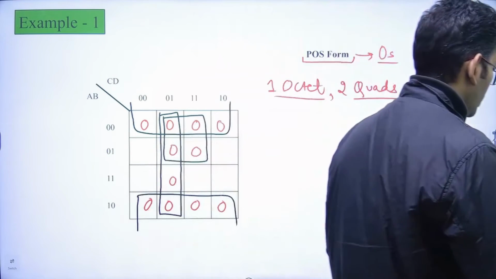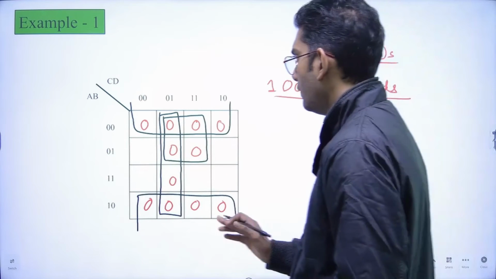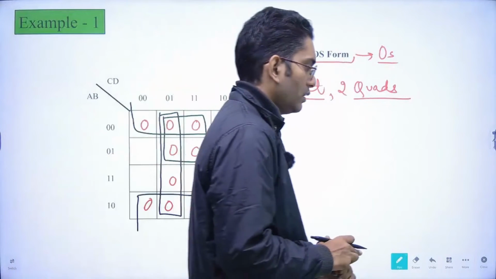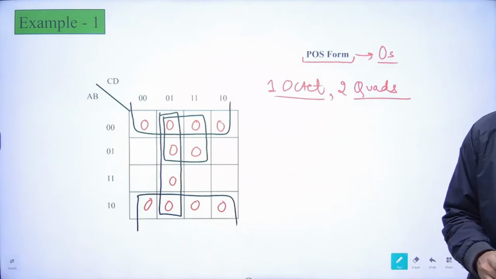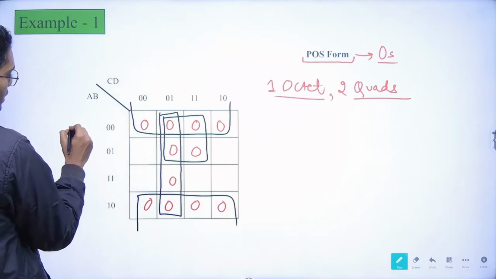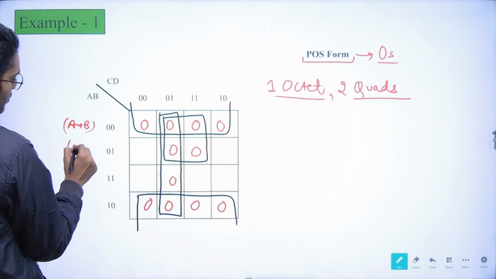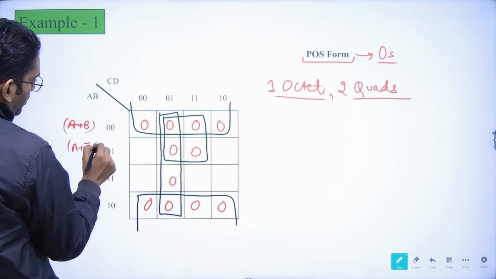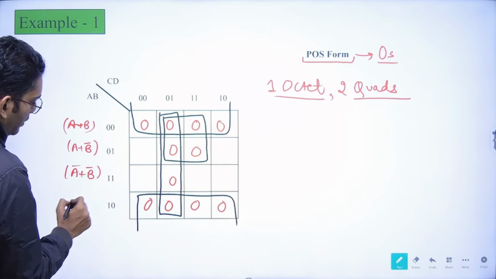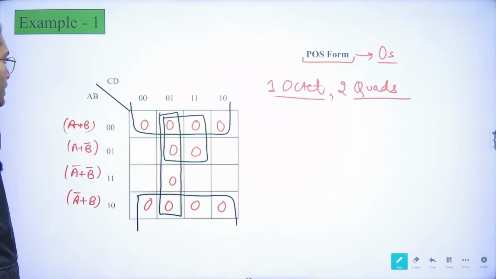We are getting one octet and two quads. Fine. So now we have to write it in the form of the POS format. For the POS format, where 0 is there, the variable is represented in the normal form. So it would be A plus B, then A plus B complement, then B complement.